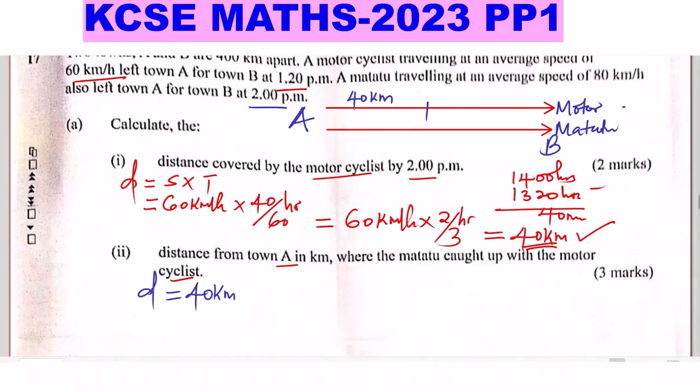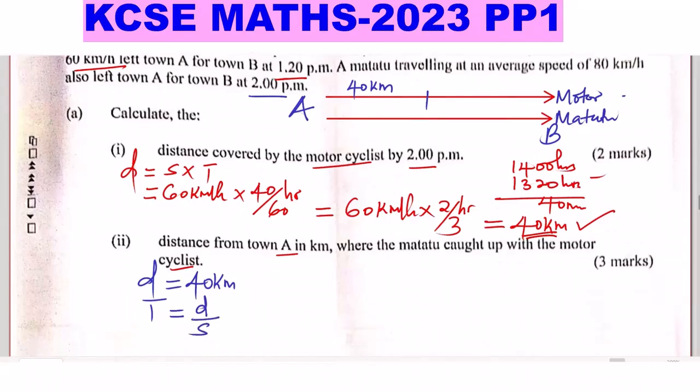We need to find the time taken to catch up. And how do we get time? This time will help us to get the distance. Time is given by distance divided by speed. We already have the distance as 40 kilometers, the distance between them. And now, what about the speed?